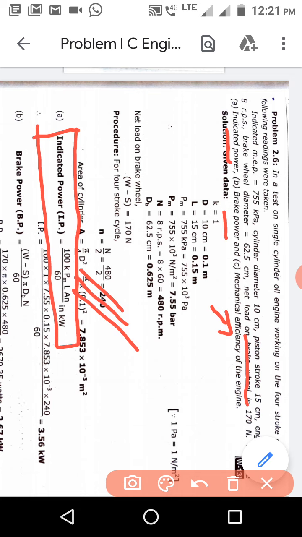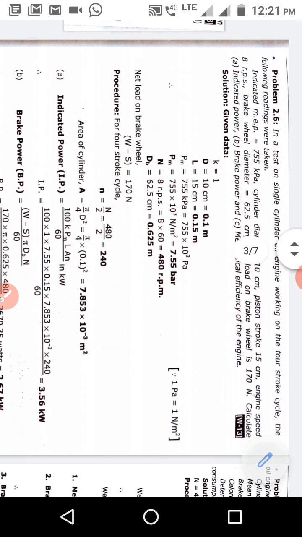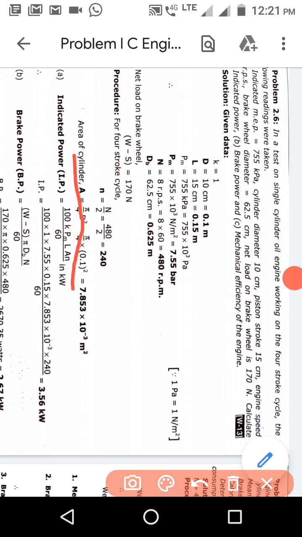Given as the piston dia. Piston dia is equal to 10 centimeter, that we have converted into 0.1 meter, and with the help of piston dia, we have calculated the area of piston or area of cylinder.